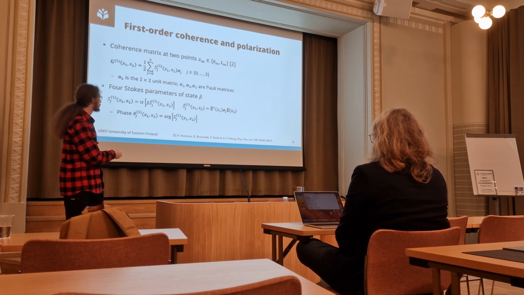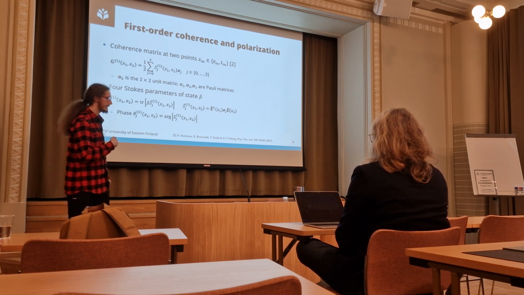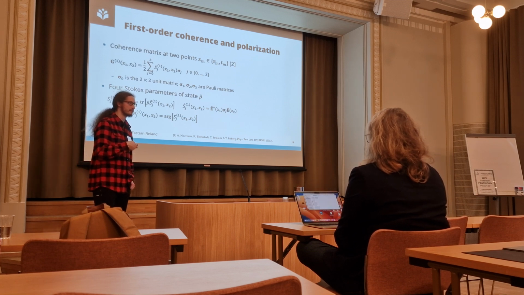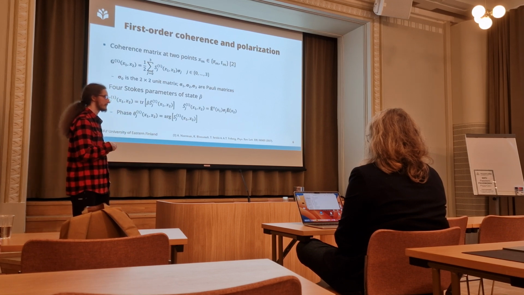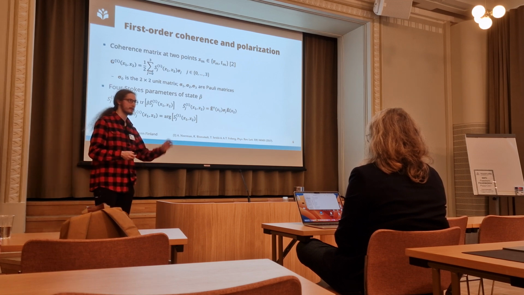These Stokes operators are related to the electric field operator of the system, which describes how the light field evolves to some point and is absorbed. So it's related to absorption and to signal. And the phase part of this two-point Stokes parameter describes the phase difference between one point and the other.